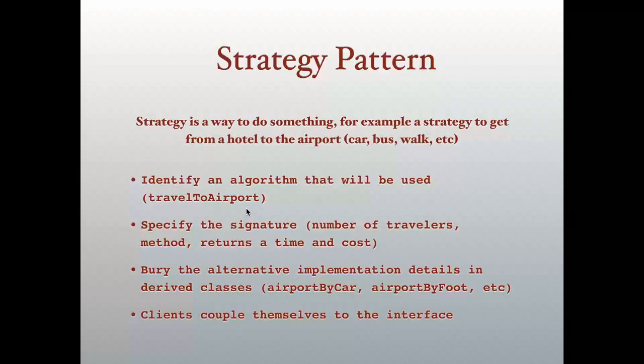So for example, in travel to airport, let's say there's 4 steps: you go to the interstate, go to the parking lot or parking garage, find a parking spot, and go to the terminal. So that's your core steps.